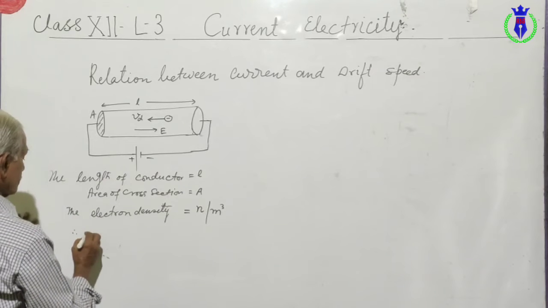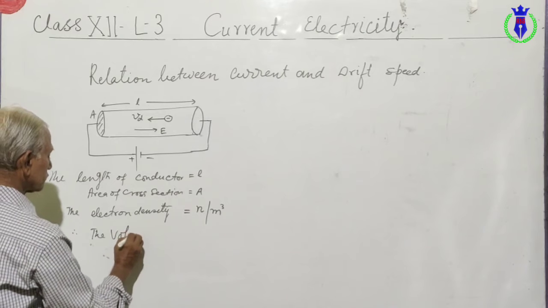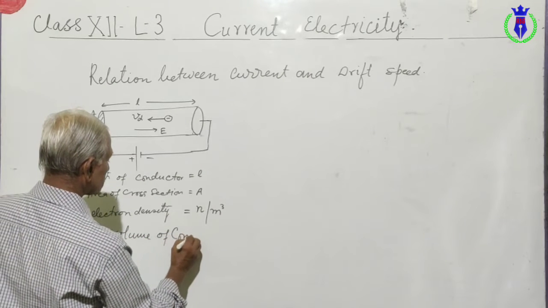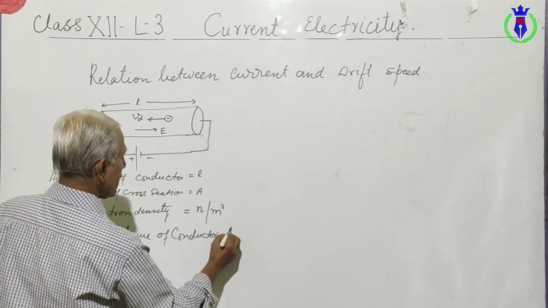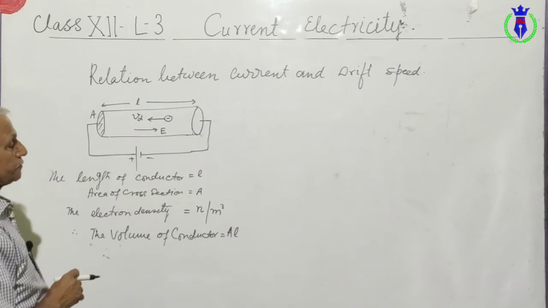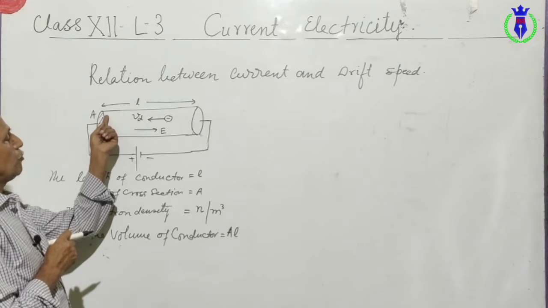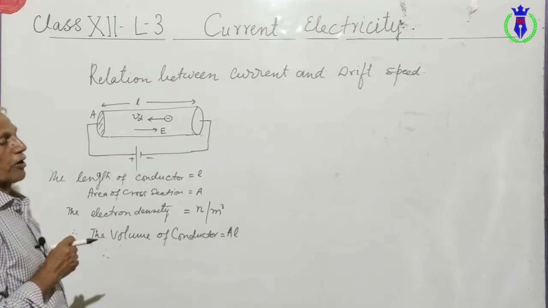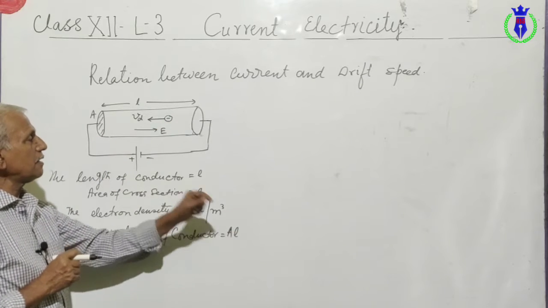Therefore, the volume of the conductor is equal to A into L. This is the volume of this conductor. The number of electrons per unit volume is N, and therefore the total free electrons in this volume are ALN.